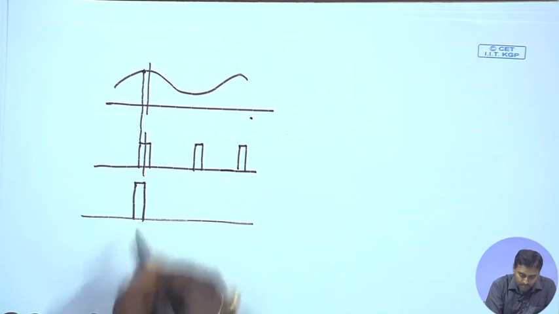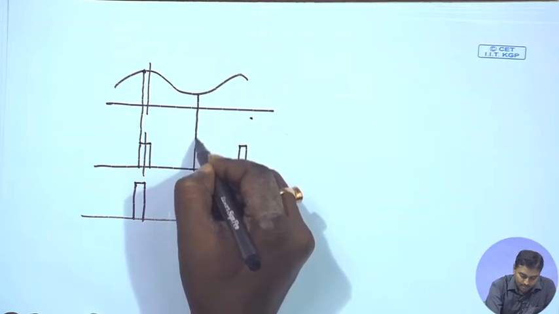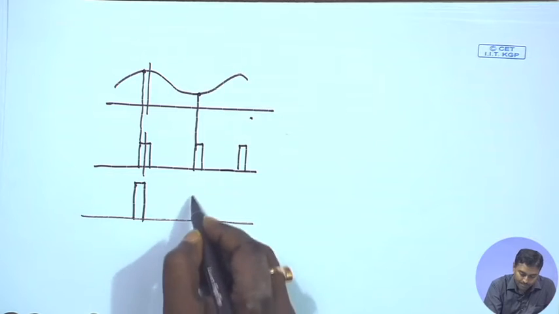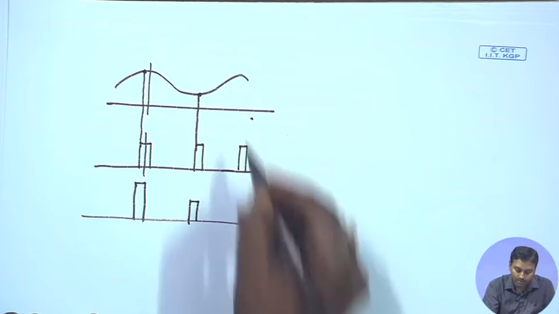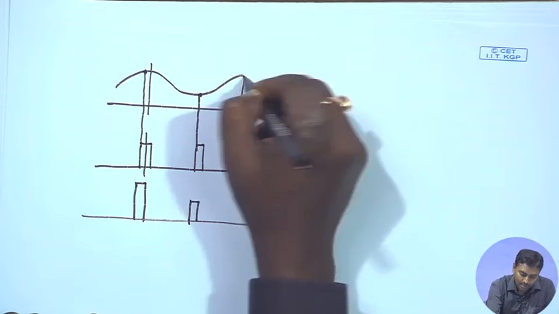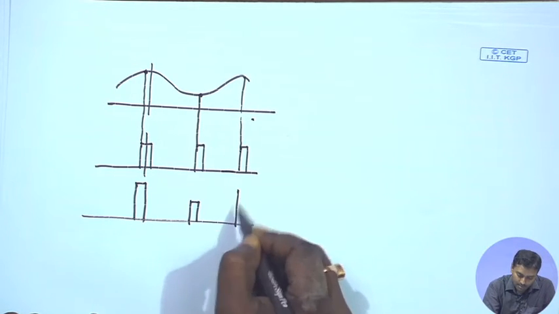So, this is that pulse. Next time I take another sample value and I represent the pulse with the amplitude of that sample value. Next time again I get another pulse.